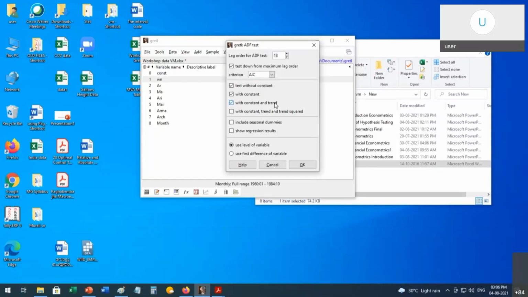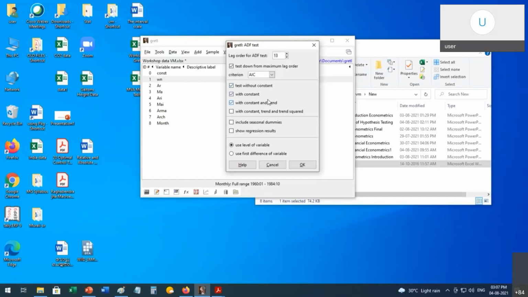Actually, what we have to do is, it is better that we graph the particular series and see whether there is any trend or not. If there is no trend at all, then we can test the series without constant, the first one only.